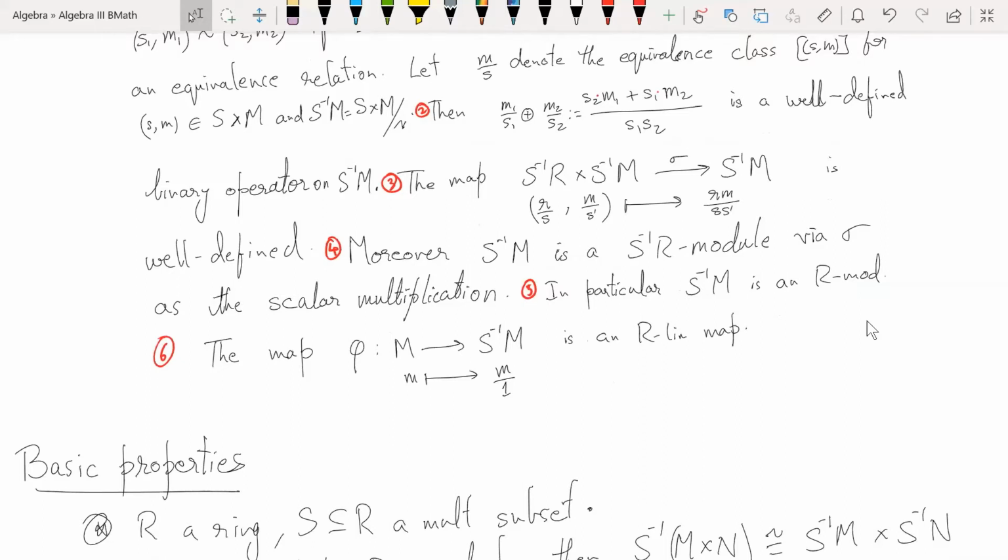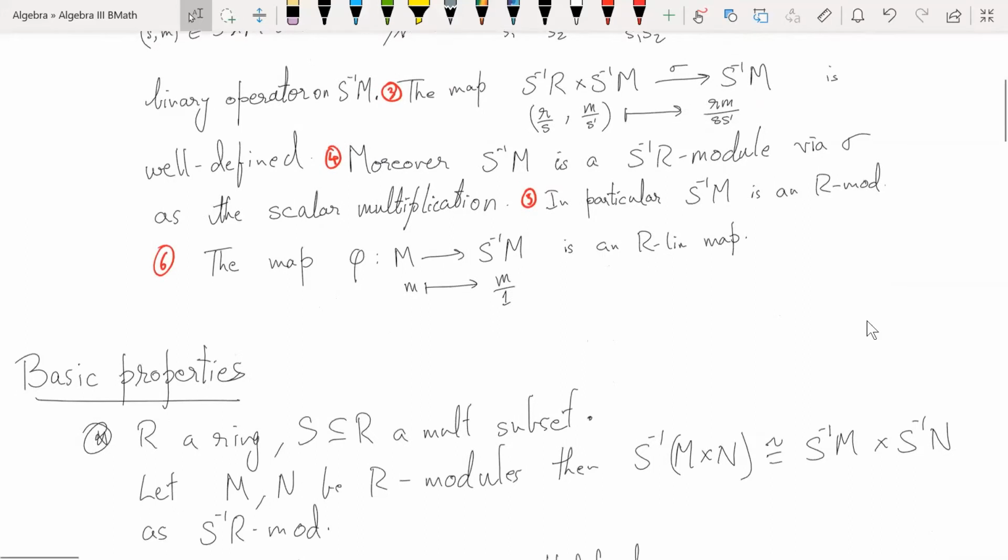In particular, S inverse M is an R module because there is a ring homomorphism from R to S inverse R. And then we saw that the natural map from M to S inverse M, given by m going to m over 1, is an R linear map, so it's an R module homomorphism.